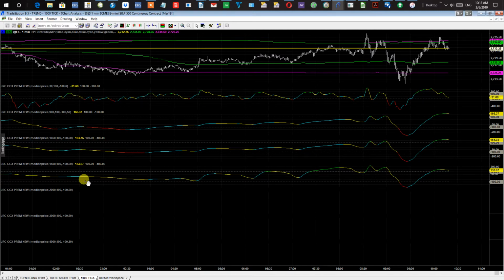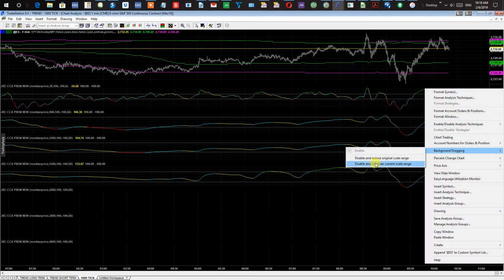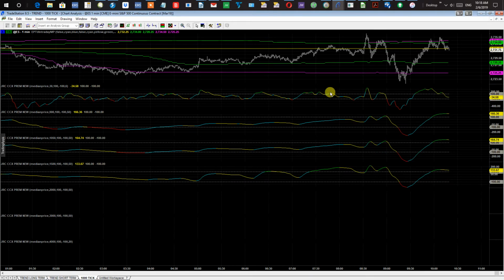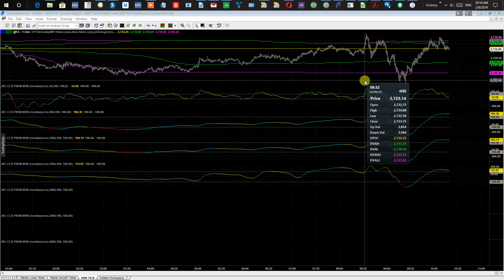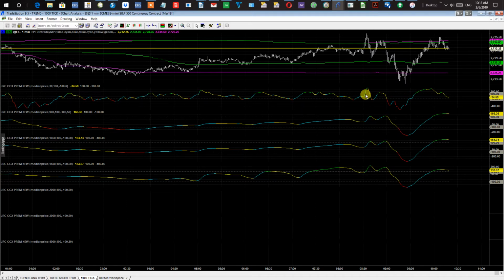And the objective here is I need to be above 100 to demonstrate an overbought situation, and below 100 for an oversold condition. So as the market opened this morning, we were right at that number. And I'm thinking we've got a little ways to go here before we actually short this.